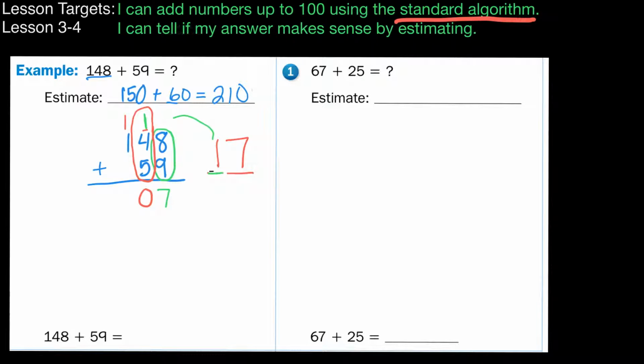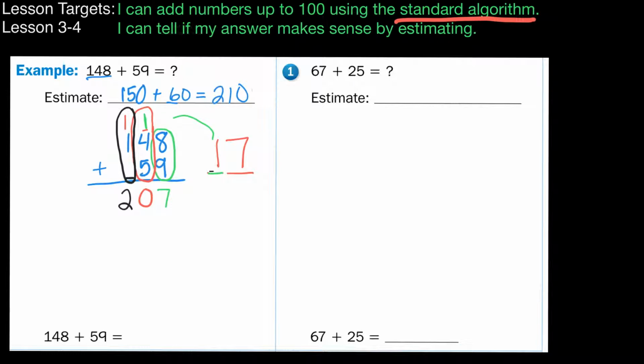All right. Now that we've added the 10s, we're going to switch over and add the hundreds. So I'm going to circle the hundreds column. In my mind, I'm seeing that there's nothing here, so that's represented by 0. So I've got 1 plus 1 plus 0 is 2. So our answer is 207.